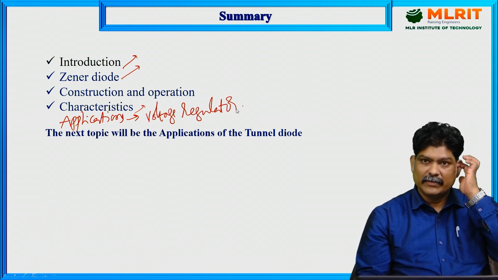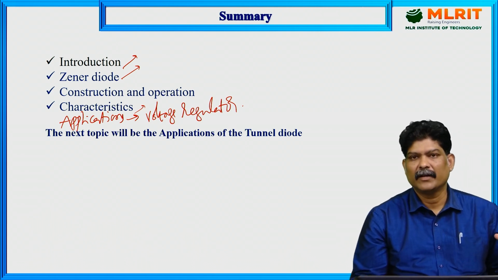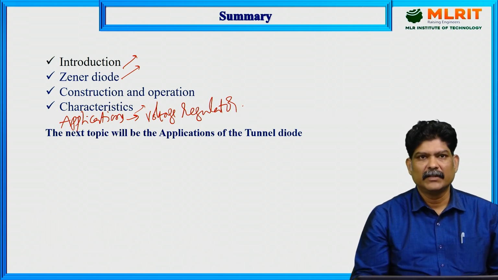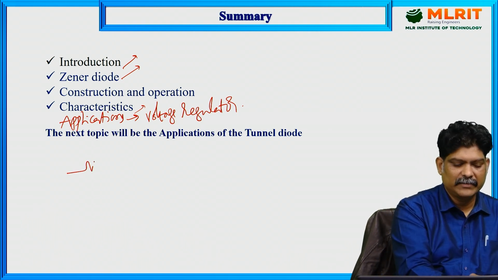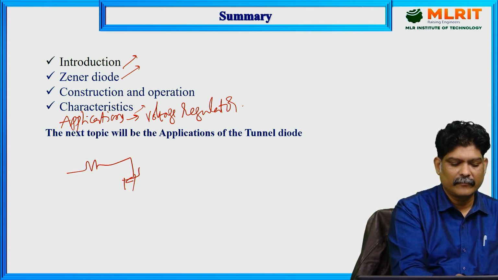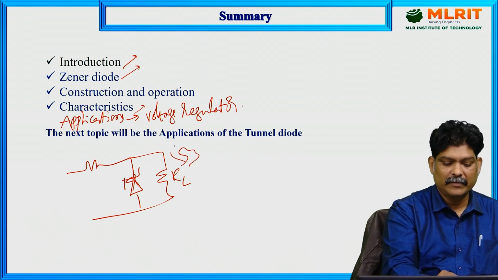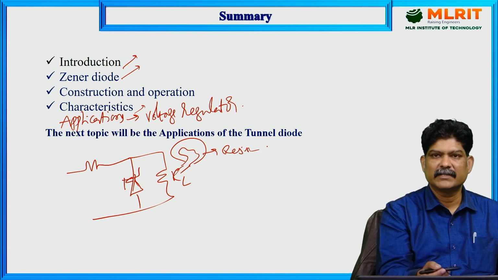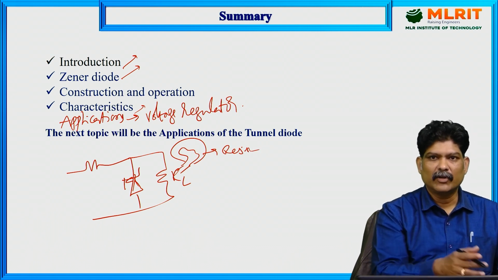Whatever voltage we give at the input side, sometimes the input voltage may increase. There may be a chance of the input voltage fluctuating. In such a case, for example, we have a circuit like this. This is your Zener diode, and here the load resistor. The load resistor may be, let us say, a bulb. A bulb has some resistance, and we have to maintain a threshold value.